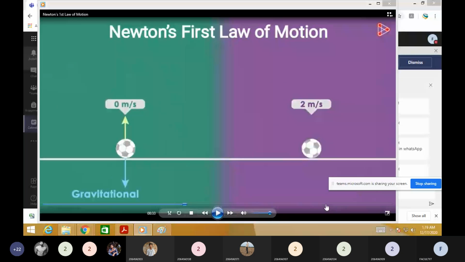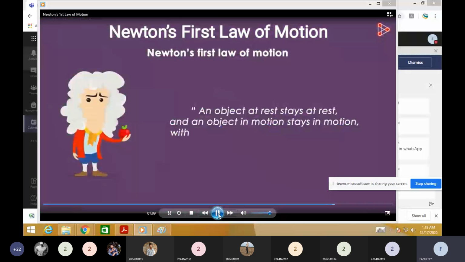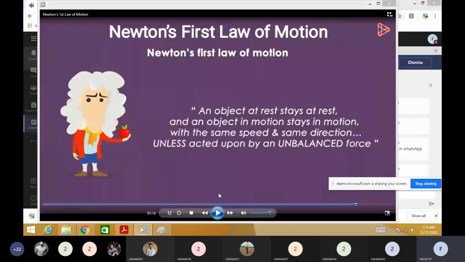Let us see the definition once again: an object at rest stays at rest, and an object in motion stays in motion with the same speed and same direction unless acted upon by an unbalanced force. That gives Newton's first law. These things we are going to see in the upcoming classes.